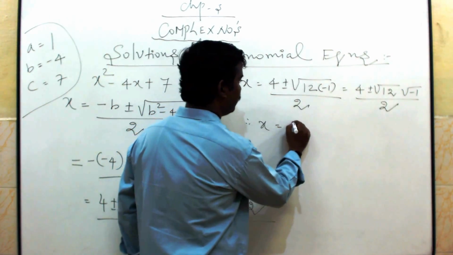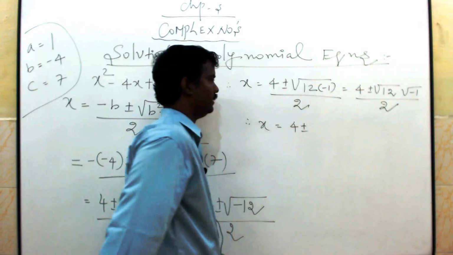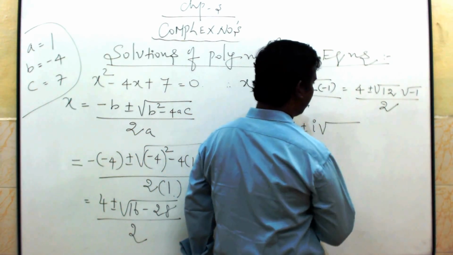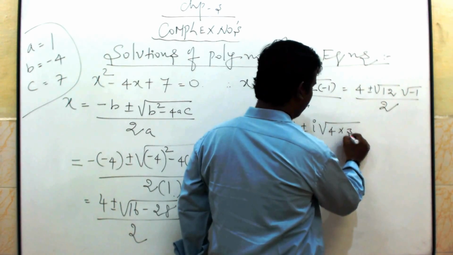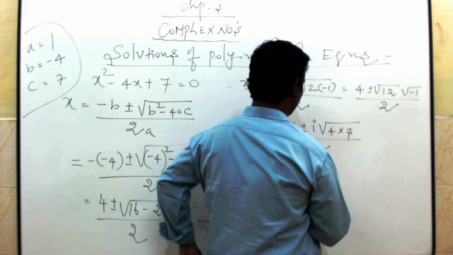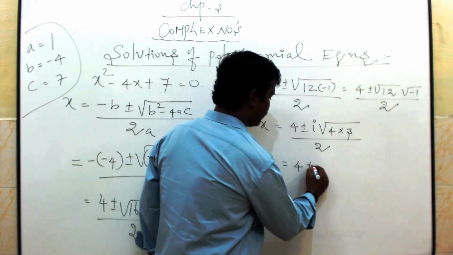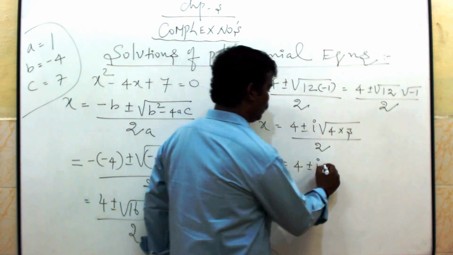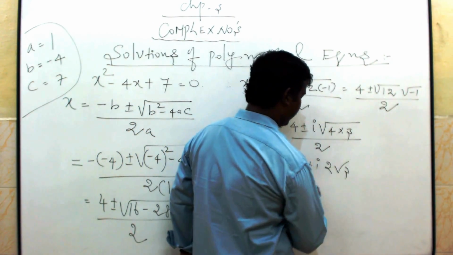So therefore x is equal to 4 plus or minus, what is square root of -1? It is i. Root of 12 can be written as 4 into 3 divided by 2. That is 4 plus or minus i into square root of 4, what is it? 2 into root 3 by 2, can we write that?